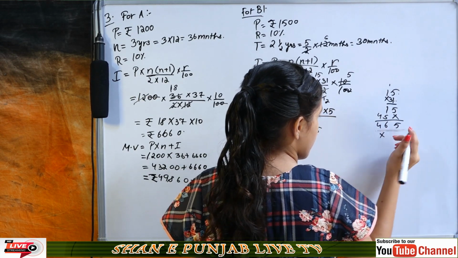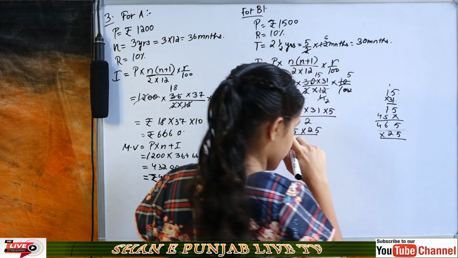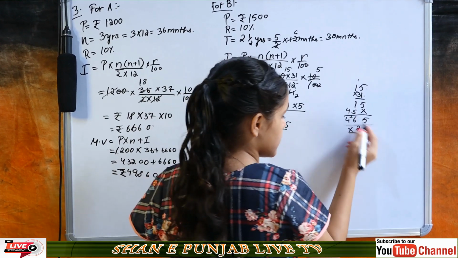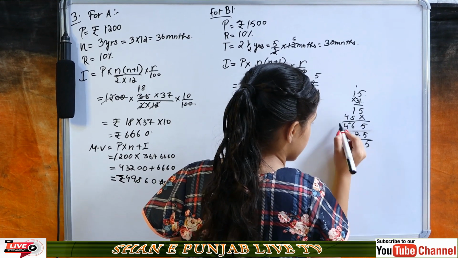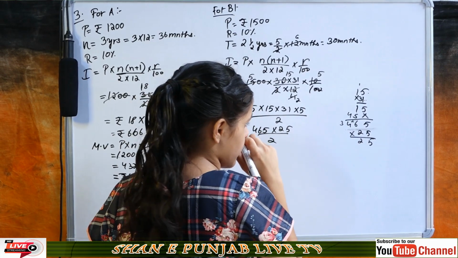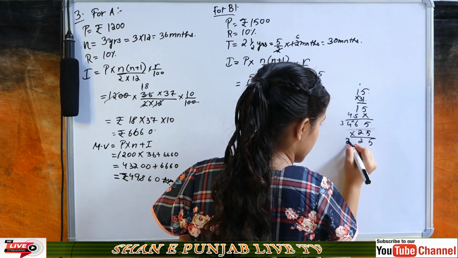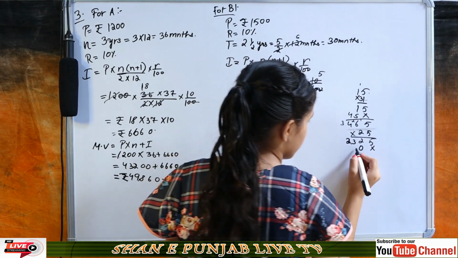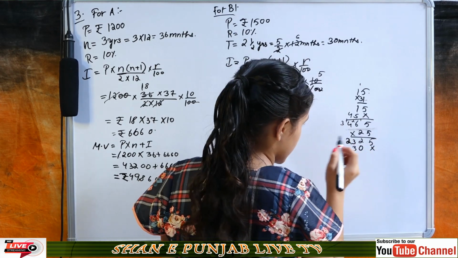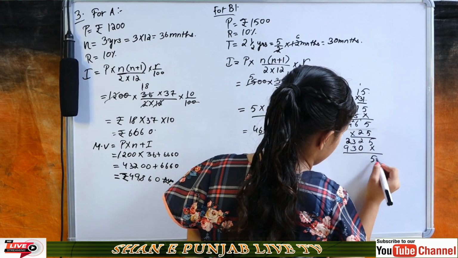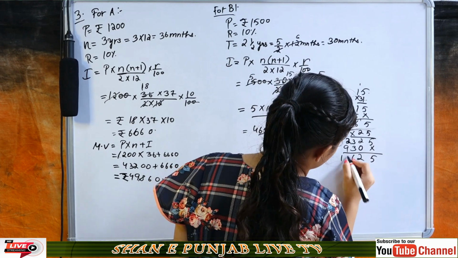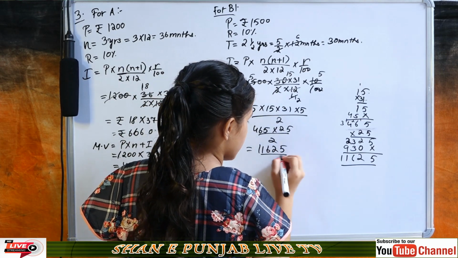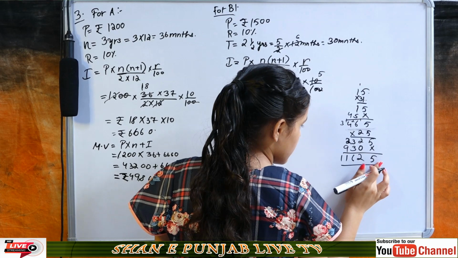Here into 25. 5 5s are 25, 6 2s, 6 5s are 30, 32, 4 5s are 20, 23, 5 2s are 10, 6 2s are 12, 13, 4 2s are 8, 1 9. Here we got as 11625 upon 2. Now divide it by 2.